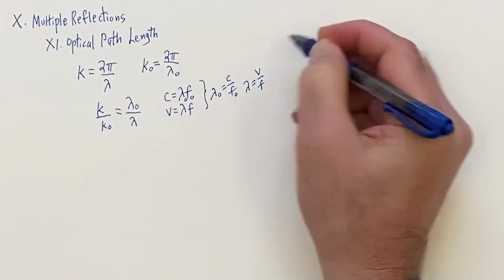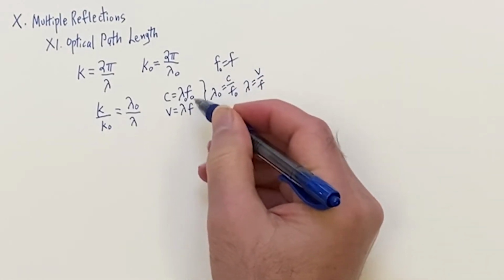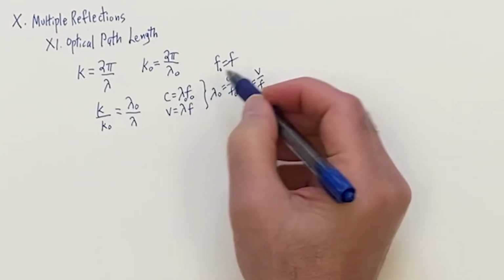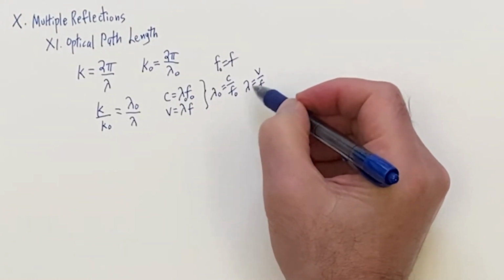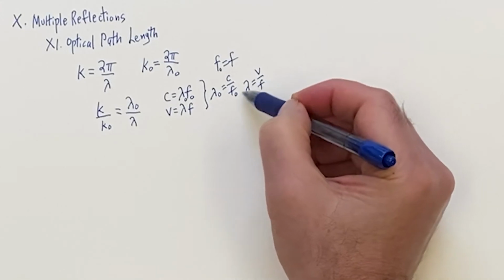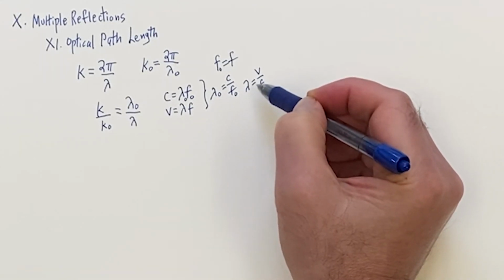We know that when you change media the frequencies stay the same, so when you divide this one by this other one, the frequencies will cancel.